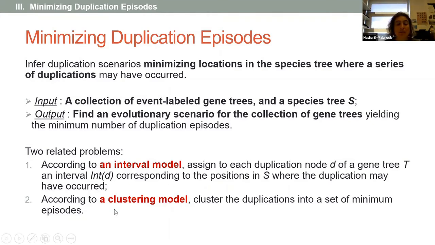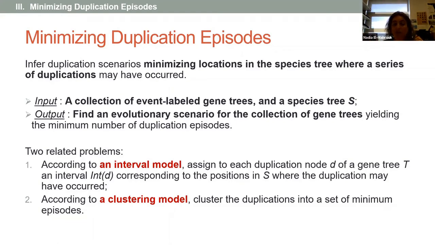Two problems are related to minimizing duplication episodes: the interval model and the clustering model.